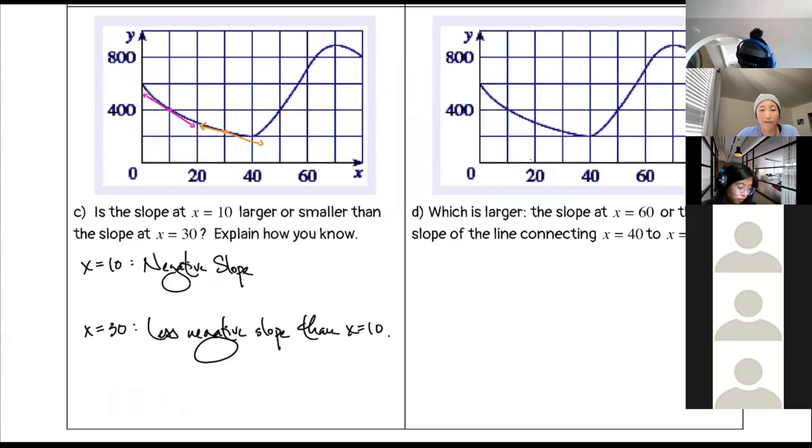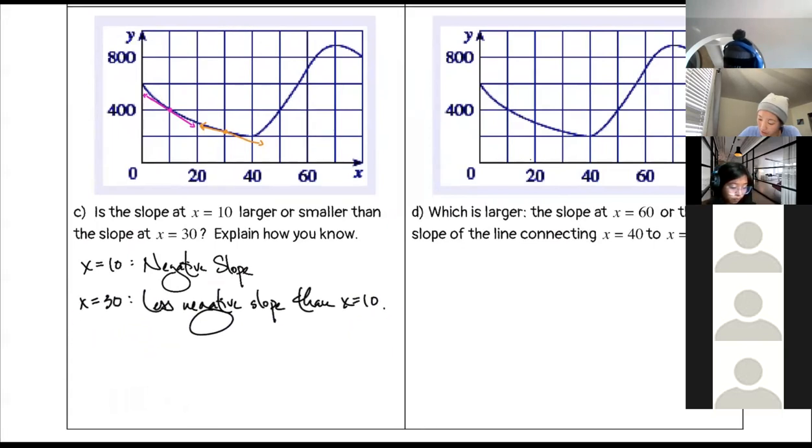So we didn't actually answer the question yet. We said the question is, is the slope at 10 larger or smaller than the slope at 30? So what do we think for that particular answer? Is the slope smaller or larger? It's smaller because it's a bigger negative number. So it's steeper, but it's actually smaller than the other one because it's negative.